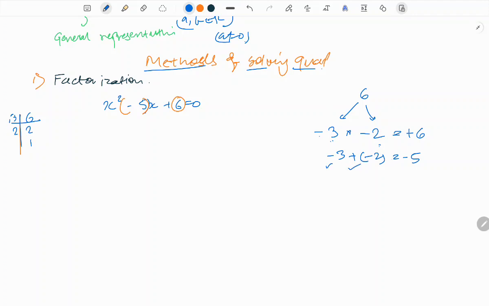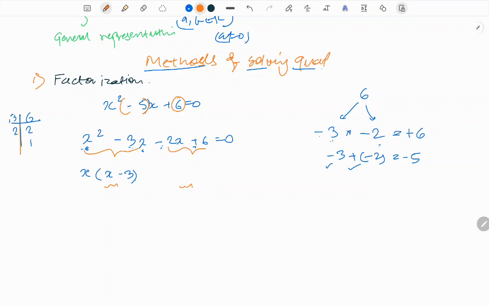So now we write those down. x square minus 3x minus 2x plus 6 equal to 0. Now we break this equation into two parts. This is first and this is second. In this we can see x comes common out of both. Here we have second power of x and here it is 1. So we take x as common, x minus 3, and then out of the second part we want to make this term come once again over here.